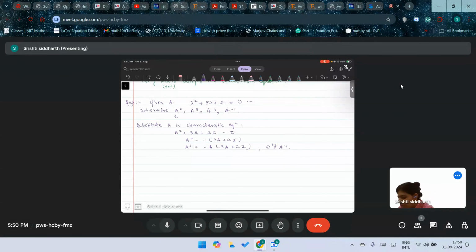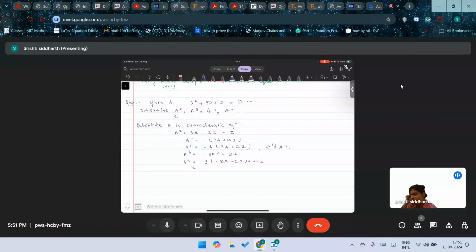So we can actually reduce this further. So we have A cube equals minus 3A square minus 2A. This is minus 3 times minus 3A minus 2I, minus 2A.